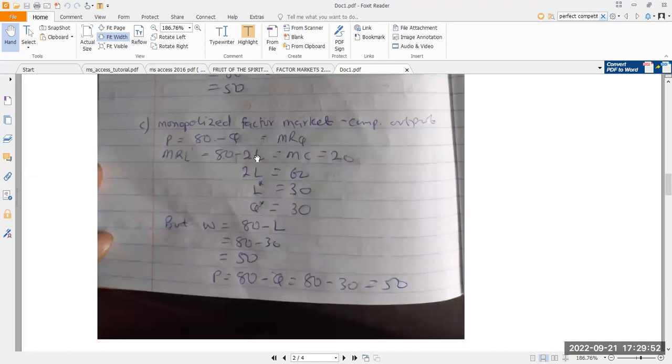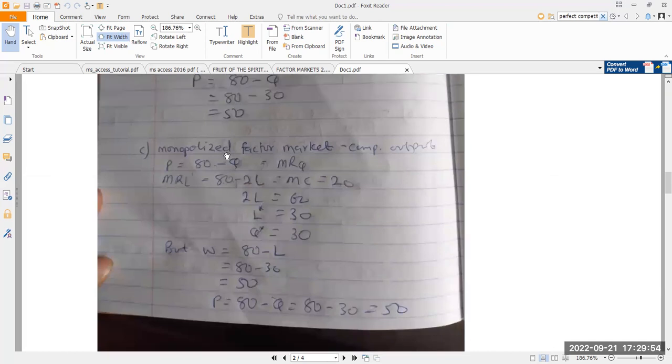All right. Now the next scenario is where we have a monopolized factor market and then a competitive output market. If you go to the output market, remember we are saying the output market is competitive.